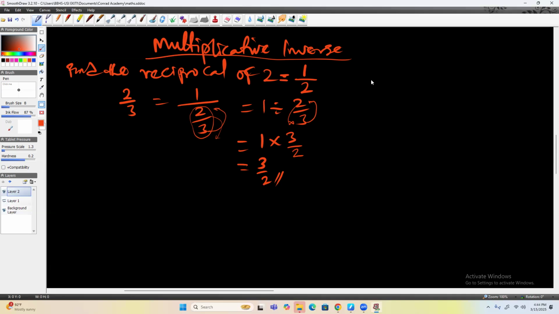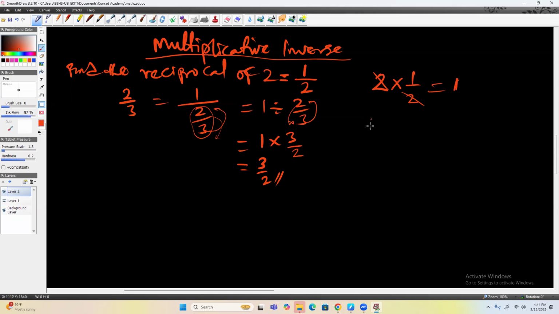So for example, 2 times the multiplicative inverse of 2, which is 1 over 2, will always give you 1. And that is what we refer to as unity or identity. So you see, it will cancel out.